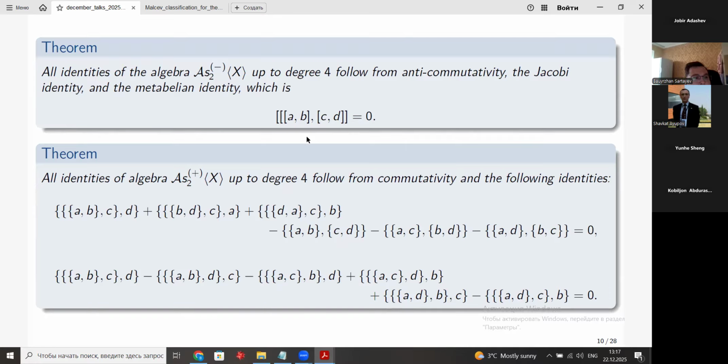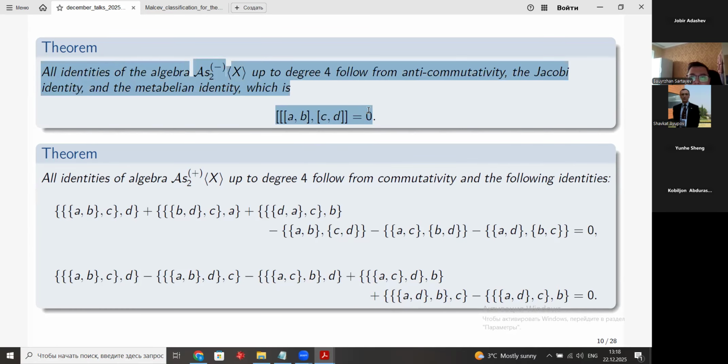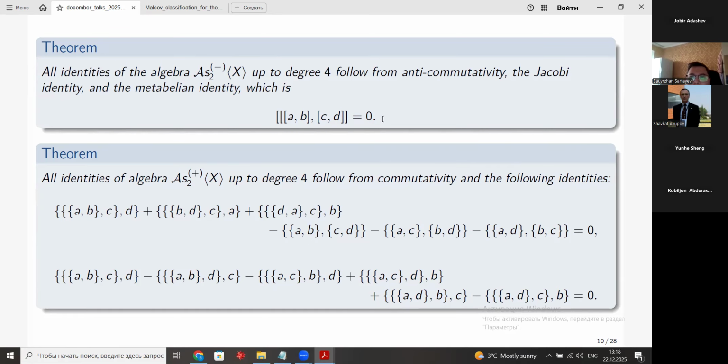And now, what about the anti-commutator? Of course, this theorem tells us that all identities are only up to degree 4. If we speak about other identities, like degree 5, degree 6, degree 7, that's a new result we recently proved: there are no other identities.